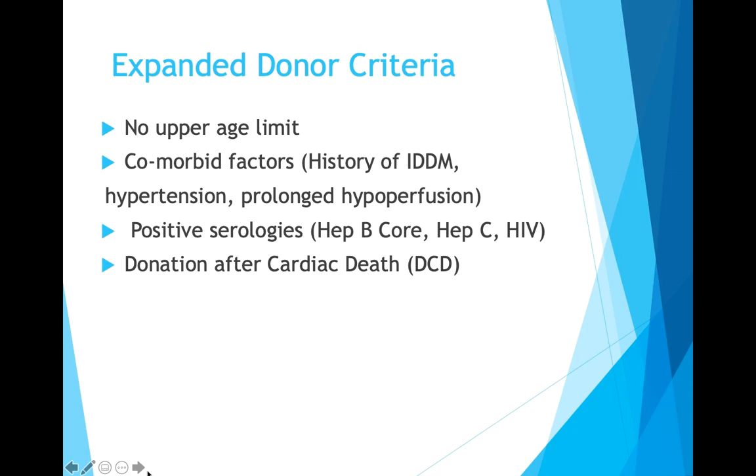Some of the expanded donor criteria, which I talked a little bit about: no upper age limits. It really depends on the patient's health. Comorbid factors, even if the patient has a history of diabetes or hypertension. Sometimes if that has caused end organ damage, that might preclude them. But everything is looked at to see how healthy the organ is.